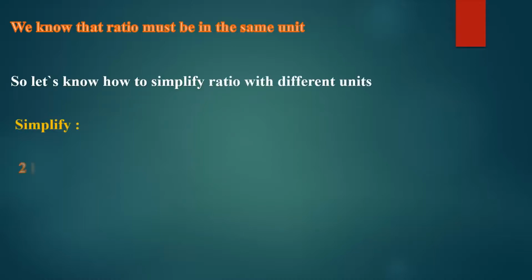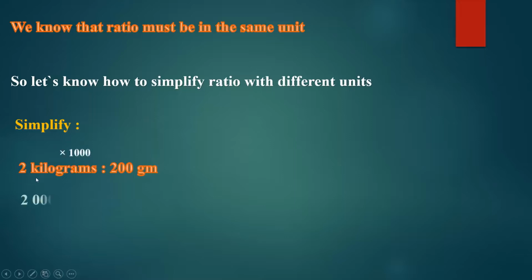Okay, 2 kilograms and 200 grams. Here we have two different units, kilogram and gram. So we will convert the biggest to the smallest. Why do we convert biggest to smallest? Because from biggest to smallest, we multiply, and it's easier. It will be 2 times 1000, from kilogram to gram times 1000.